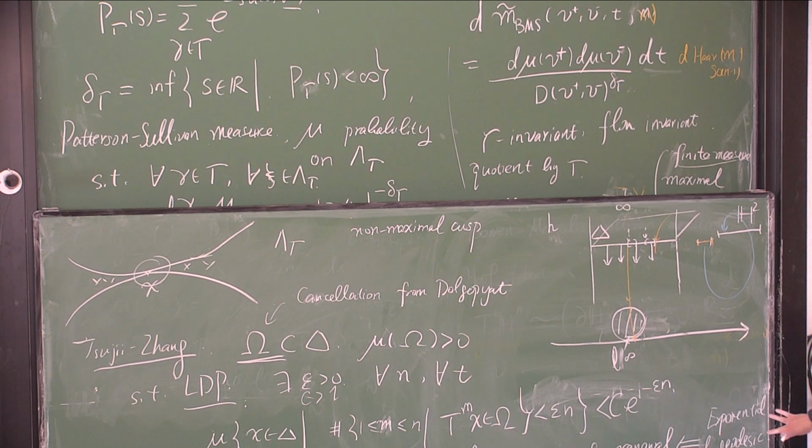This is something we found interesting, because in order to prove the exponential mixing of the frame flow, you somehow need to first prove the exponential mixing of the geodesic flow, which then gives you a technical tool to reduce things for the frame flow. So thanks, I think I finished here.